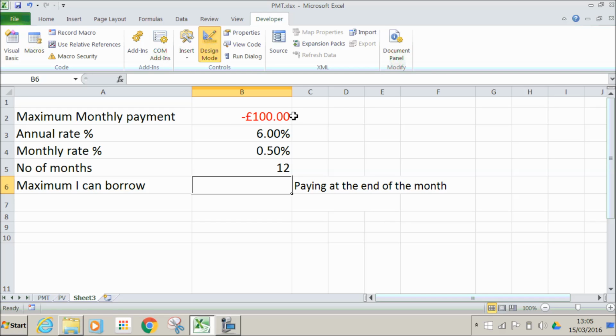I've put here a maximum monthly payment of £100. It's negative because it's money going out of our accounts. And the formula to work out the maximum I can borrow for this amount each month, we will enter here.